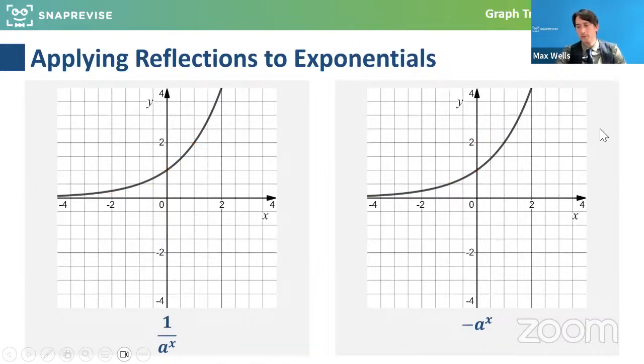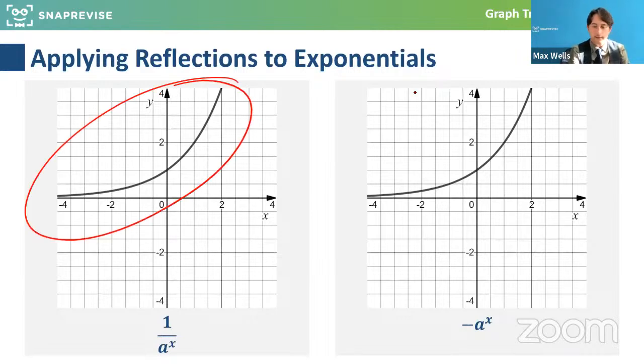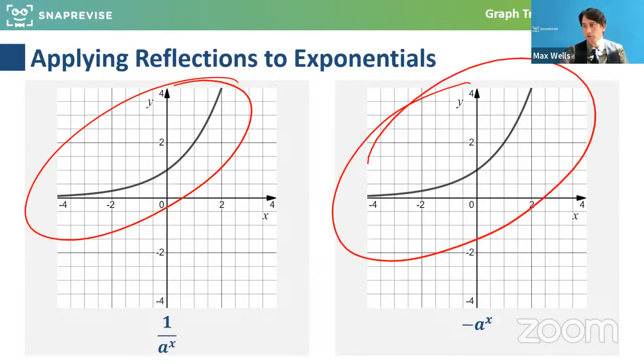Now, this one is a little bit weird. It's a really good one to do, especially as we approach the exam practice. Any suggestions here, what we can do? We need to think of a little bit of index laws, because this can throw a lot of people off. Again, f of x is the a to the x graph.